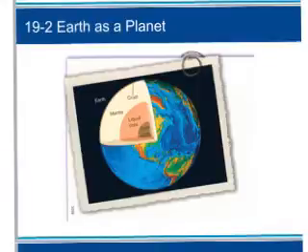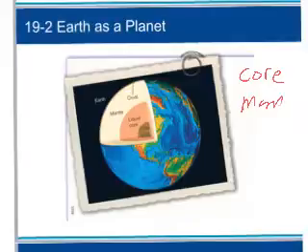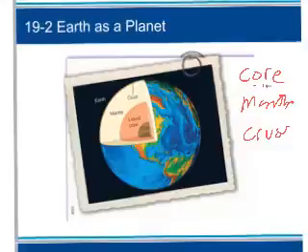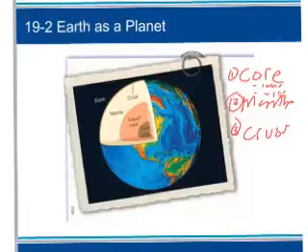That's our second or middle layer. So again, we have the core, and then we have the mantle, and then we have the crust. And the core has an inner core and a liquid core, but that still means we have three different rings or three components to our planet here.